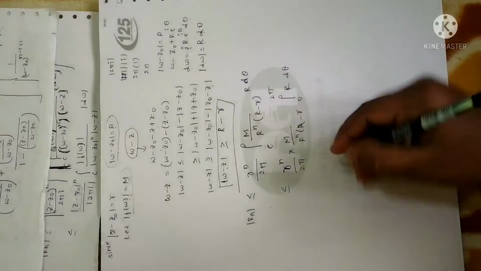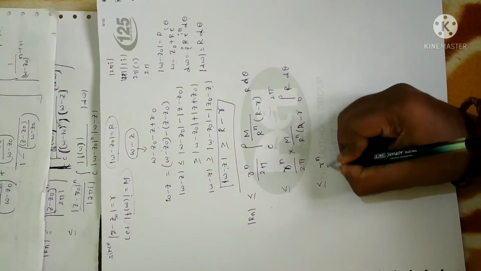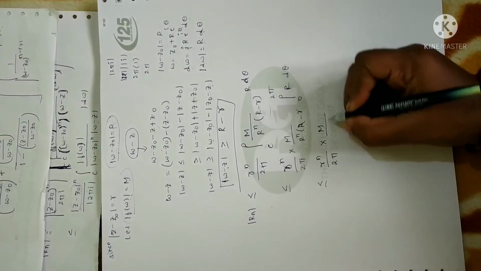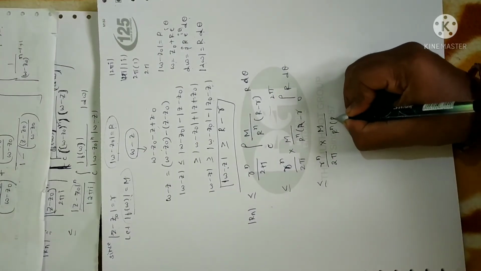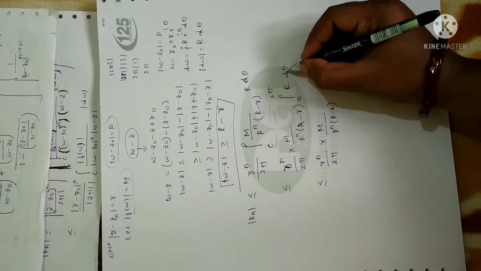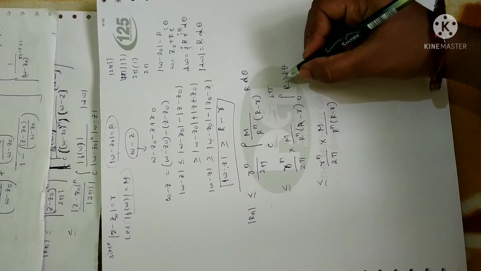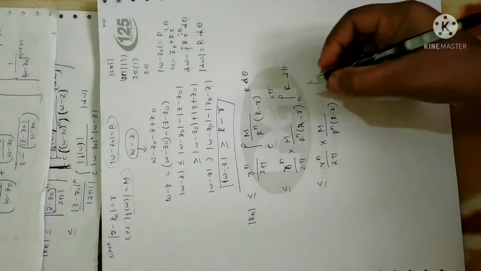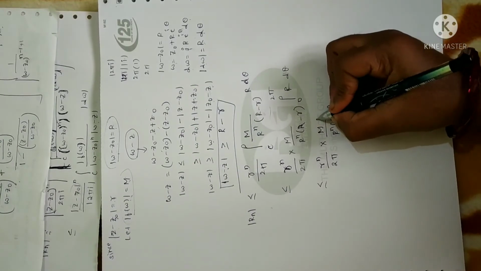Fine. Now let me simplify. So I can write this as r power of n divided by 2 pi into M into r, divided by r power of n into capital R minus small r. Now when you integrate with respect to d theta, here r is also constant, so you can take r outside.